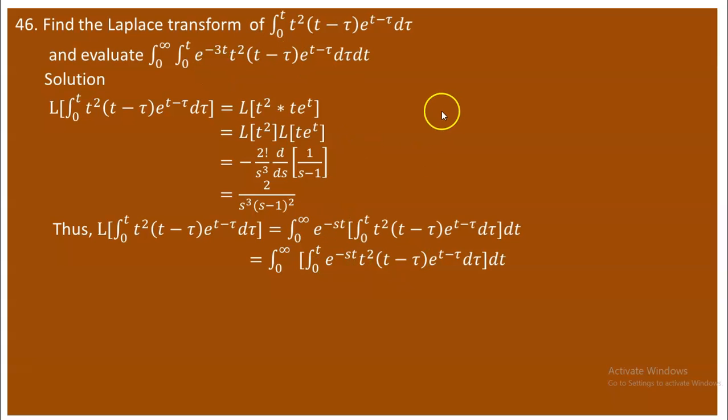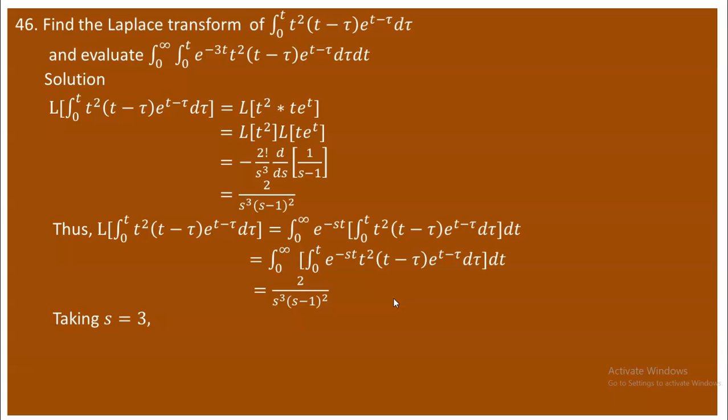Everything is the same except that here in place of s we have 3. So if s is taken to be 3, these two are identical. Thus we knew that this has already been obtained as 2 over s cubed into s minus 1 the whole squared.